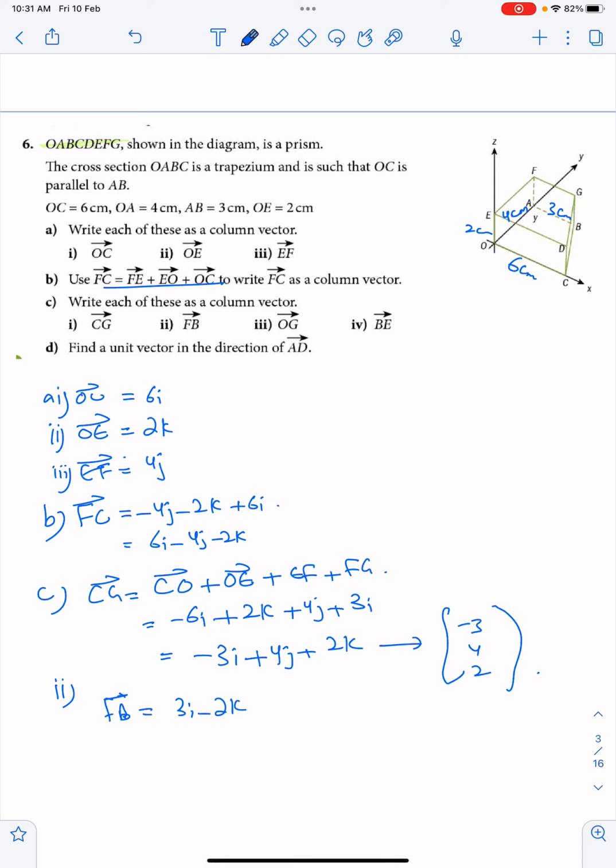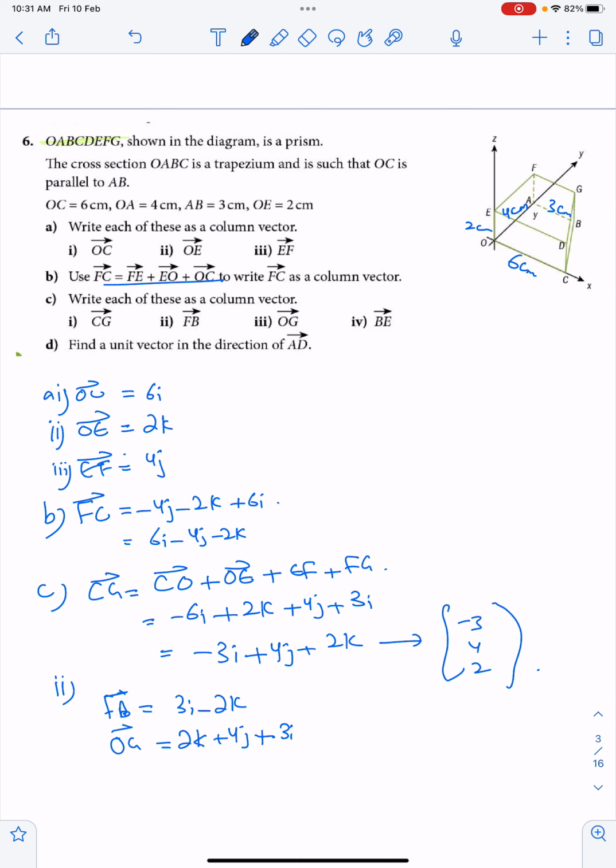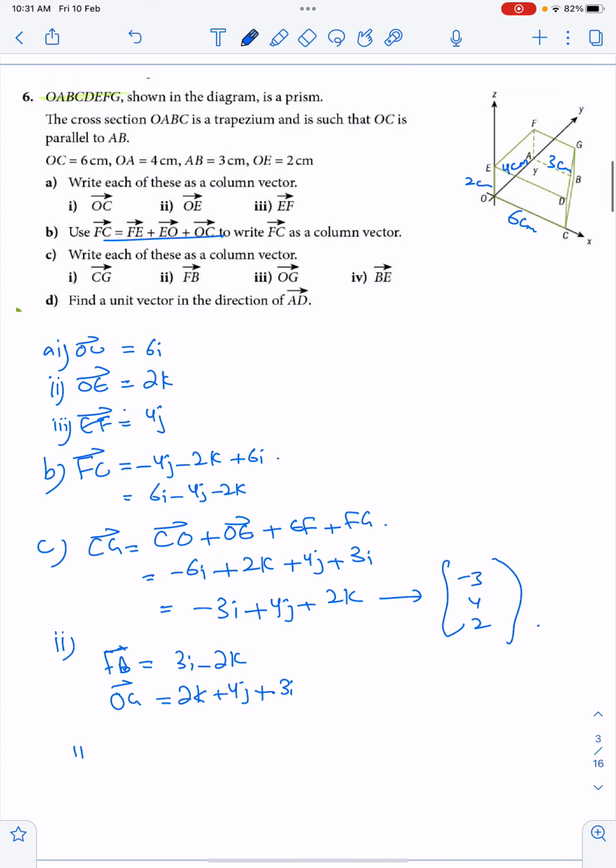Then I have to find O to G. O to G is going to be O to E, which is 2k, plus EF, which is 4j, plus FG, which is 3i. And the last part, BE.